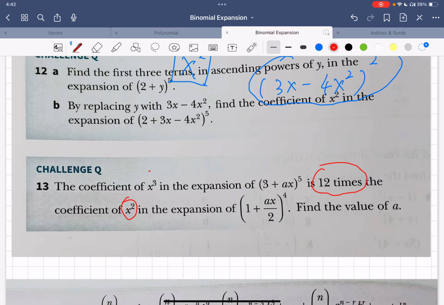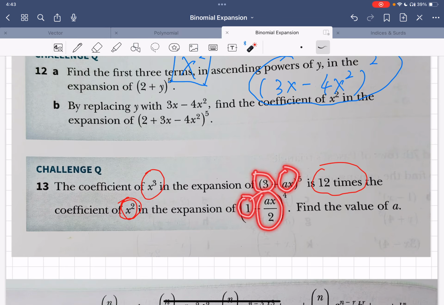So firstly, you find the coefficient of x cubed, then you find the coefficient of x squared, then you multiply by 12. Create an equation in this case. And be careful, there are two expansions, one here and one here. Don't be frightened here. Actually, this is A, this is B.